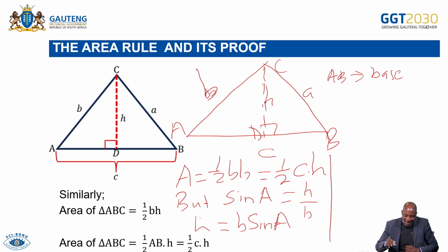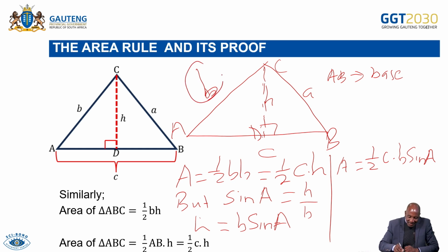When you are done with this, you replace: area equals half, base is C, height is h, but that h is b sine A. Oh, it means I need side b and c. You need side b and c and the angle between them.